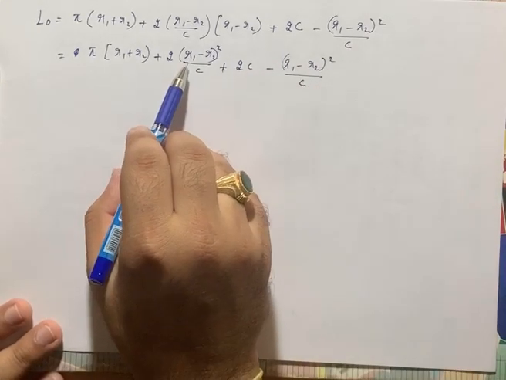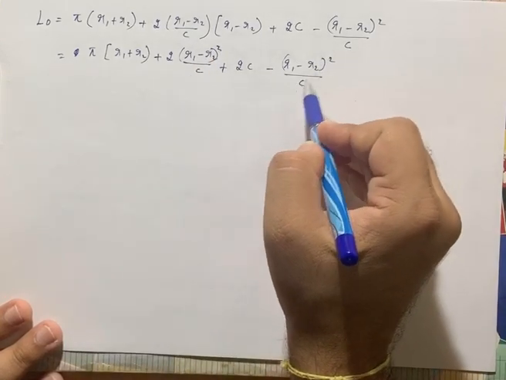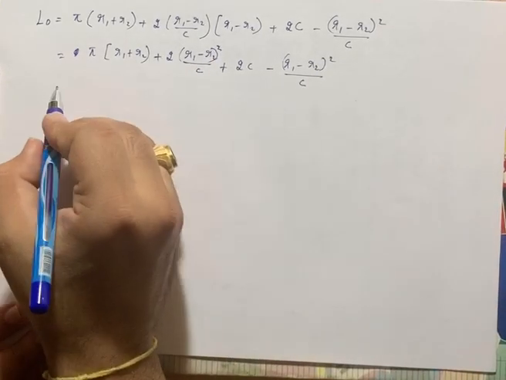Here (R1 minus R2) whole square by C is multiplied by 2 times.